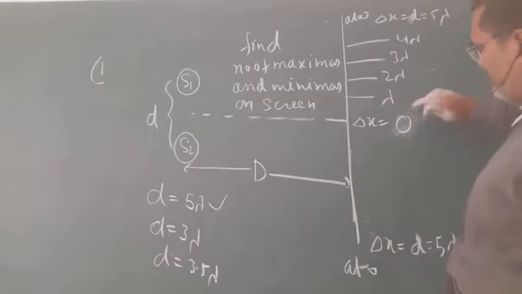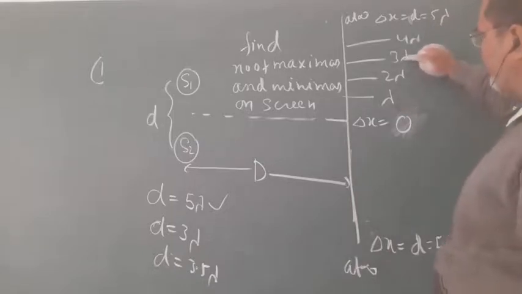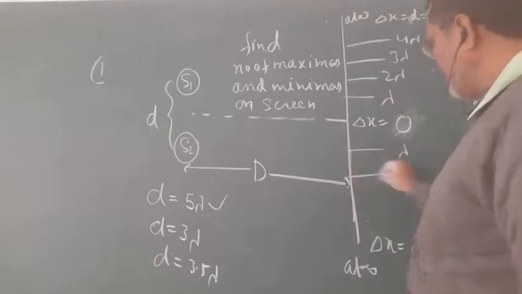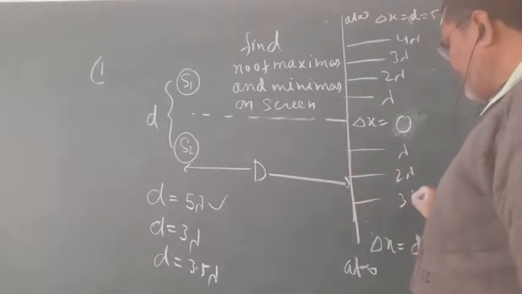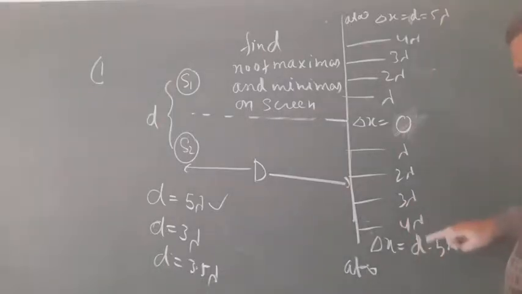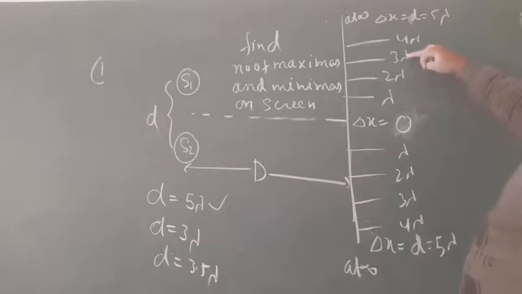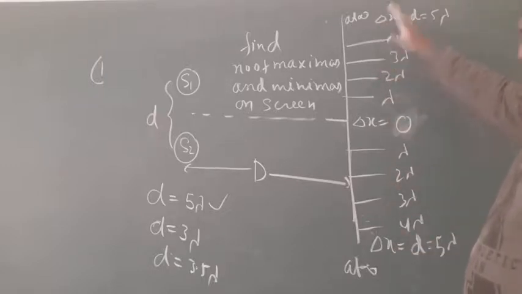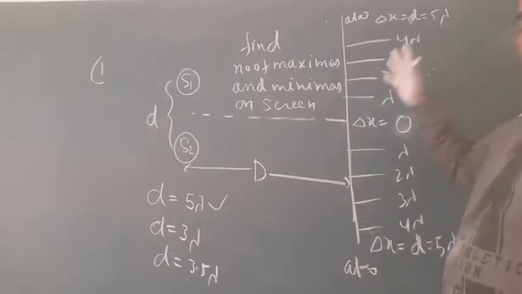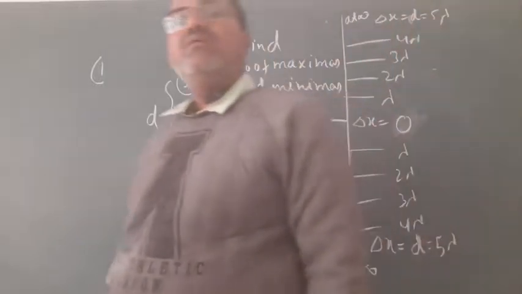So counting on both sides, there are 1, 2, 3, 4, 5, 6, 7, 8, 9, 10, 11. So 11 maxima are obtained on the screen including the maxima at infinity, and 9 maxima excluding the maxima at infinity.